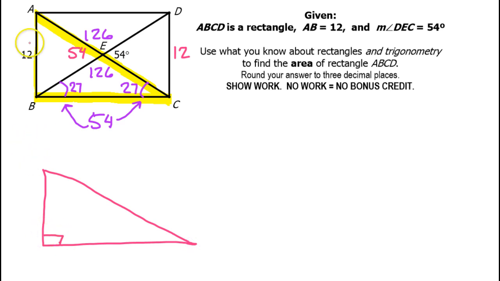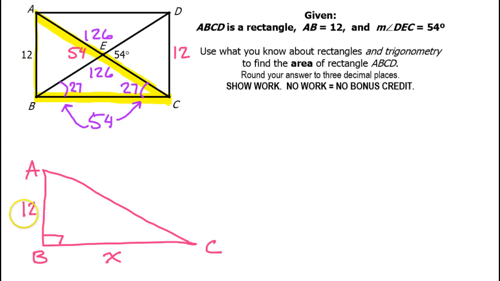Okay, so see the A up here? So this is angle A, and this is angle C, and this is angle B. It's a rectangle, so I know this is 90 degrees. Now this side down here at the bottom is what I'm trying to find, remember? Okay, so I'm going to call that x. Now, the 12. They gave me that AB was 12.